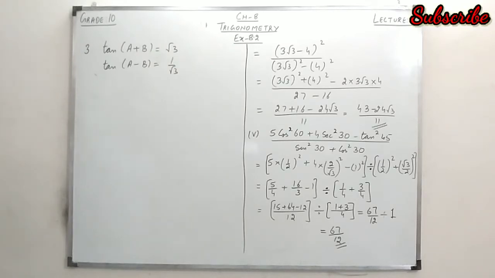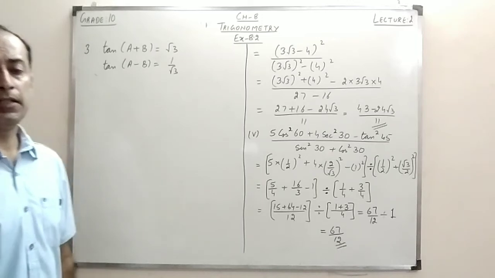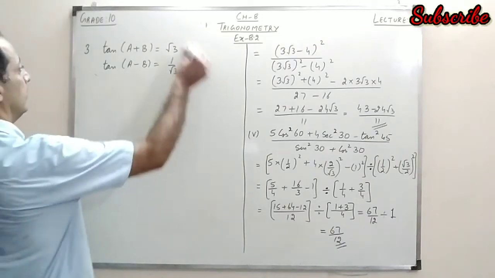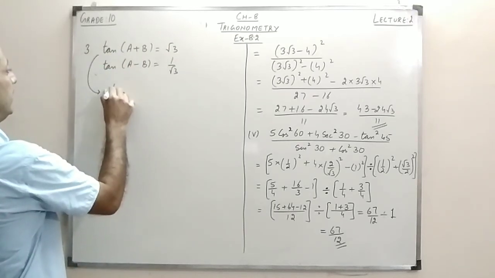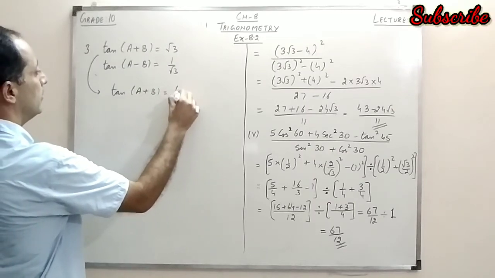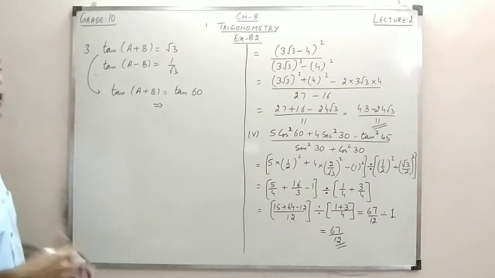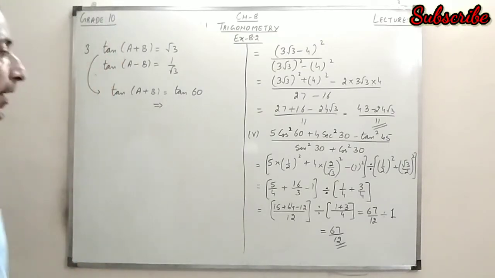So we know from the values of the angles that the value of tan is root 3 at angle 60 degree. This means from the first one I can write tan A plus B is equal to tan 60, and since both sides we have tan, obviously the angles will also be equal.